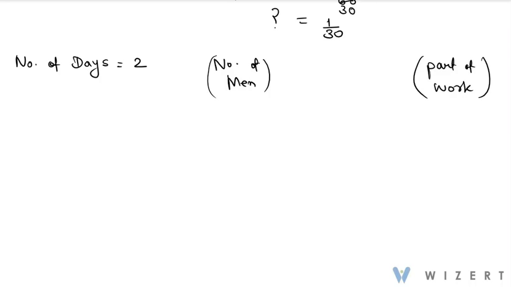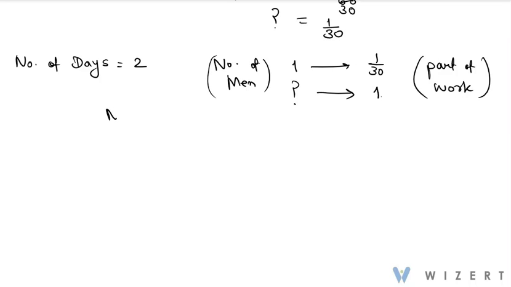So one man can do 1/30th of work in 2 days. So how many men can do the entire work? That is entire work will be 1. So 1 work in 2 days.